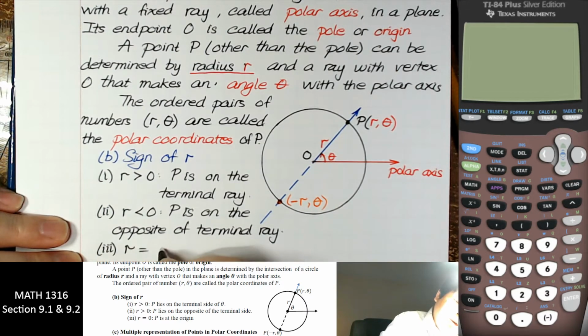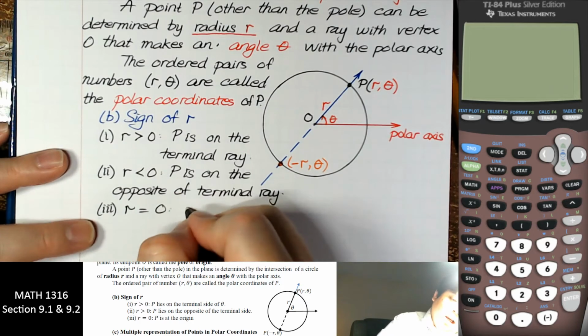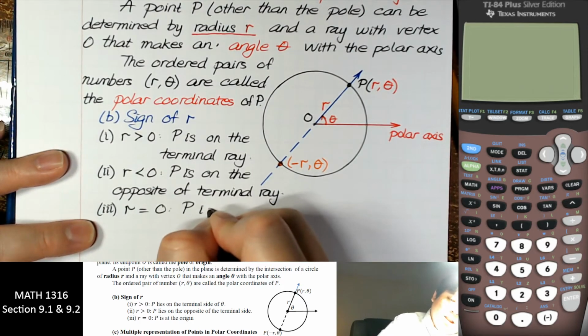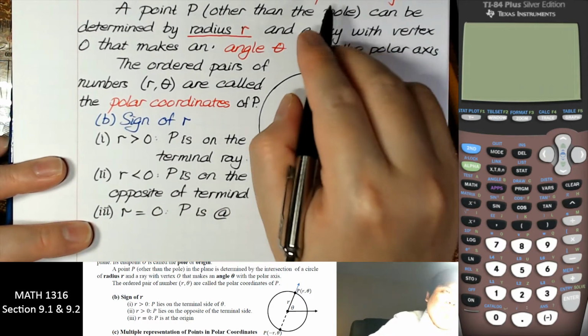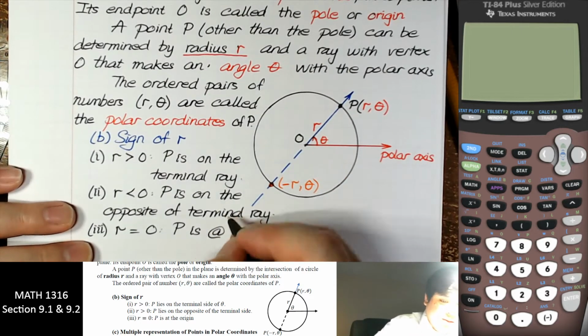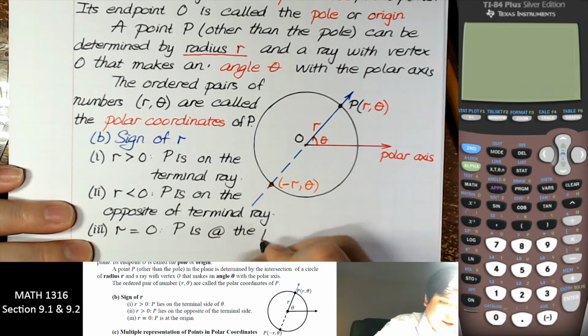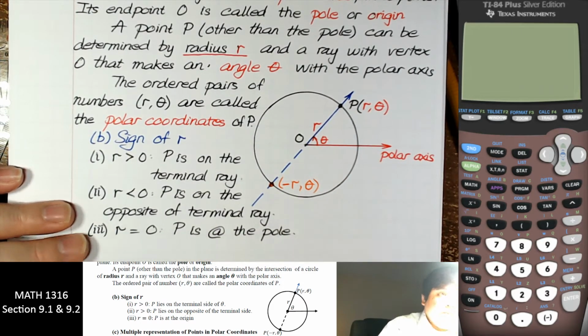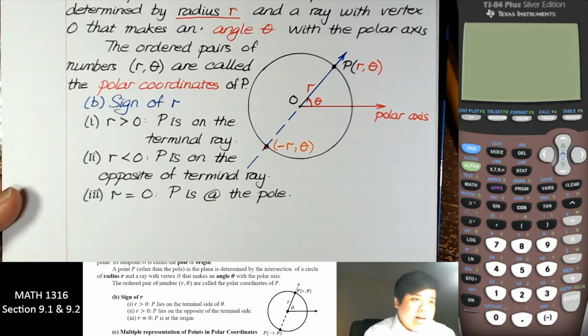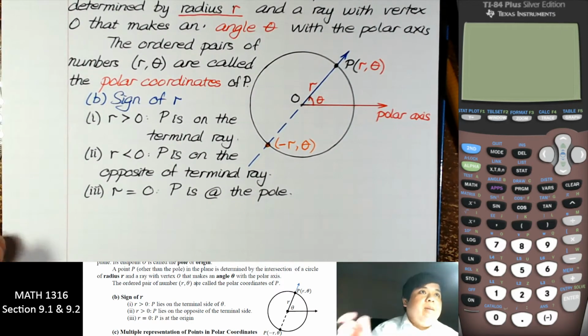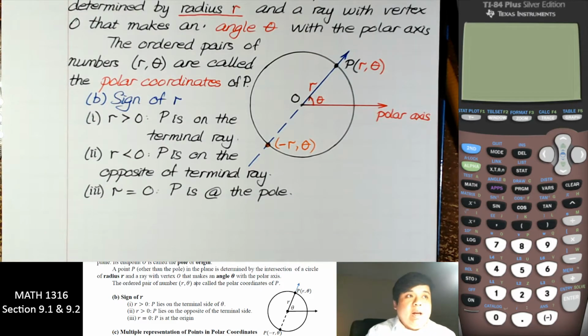And if r is equal to 0, we have the point at the pole. So positive is in the same direction as the terminal ray, negative is in the opposite direction.